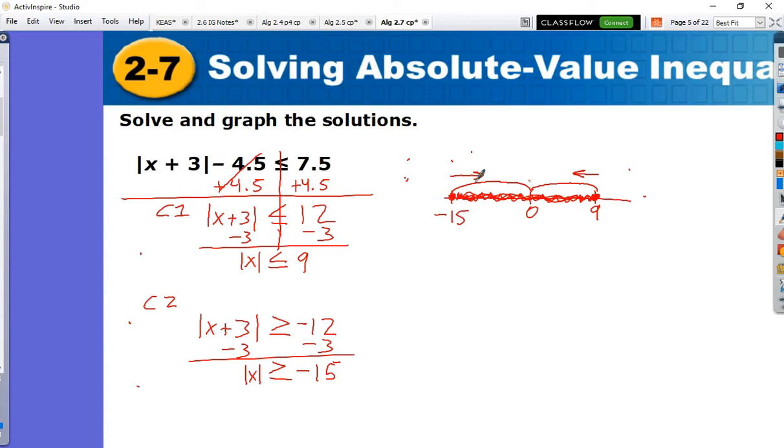All right, so that would be all of our possible answers for that. Okay, and we can make that into an and statement: x is going to be greater than or equal to negative 15, and also, x is going to be less than or equal to 9. All right, so that made our nice and statement there for that one.